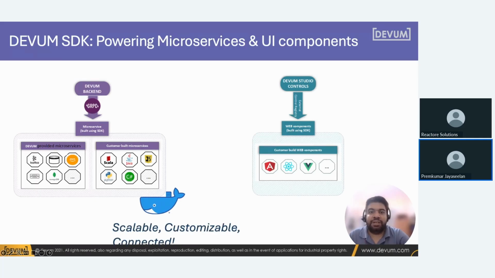Developers can build and extend UI web components created with popular frameworks like Angular, React, and Vue.js. This modular approach ensures that teams can tailor the user experience while maintaining consistency and performance. In summary, Devum's architecture is designed to be flexible, developer-friendly, and enterprise-ready.